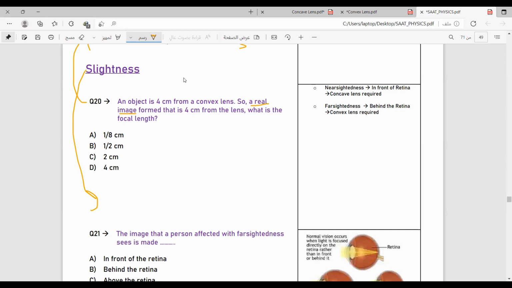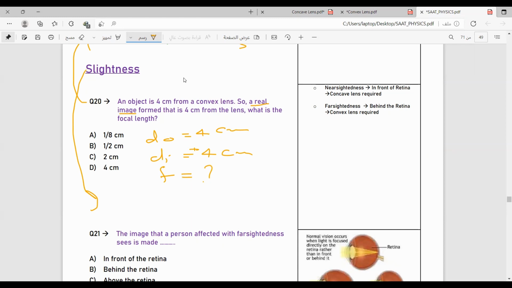So DO equals 4 centimeters, and the real image is formed 4 centimeters from the lens, so DI equals 4 centimeters, positive because it is real. He's just asking about F, so I think you know how to get the solution here.